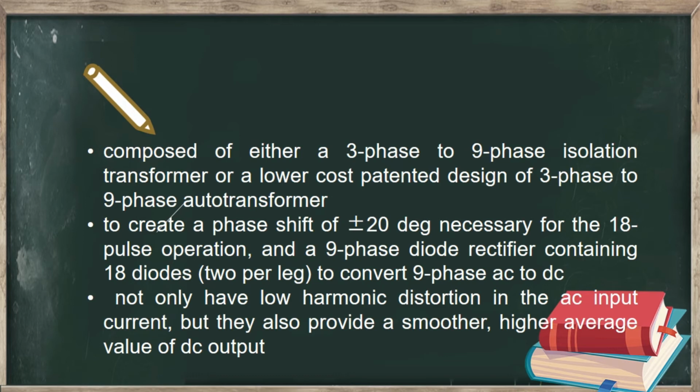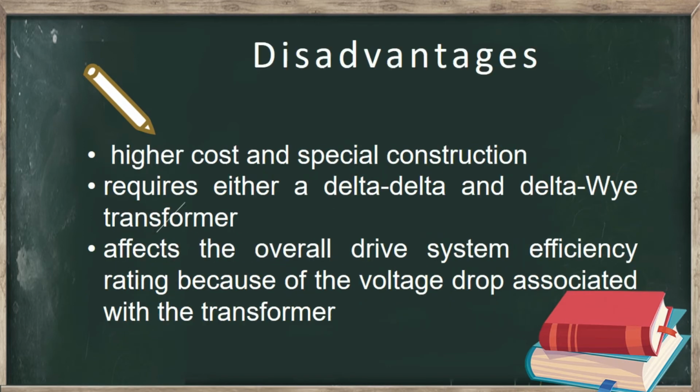It not only has a low harmonic distortion in the AC input current, but it also provides a smoother, higher average value of DC output. So we can say that 18-pulse is better than 12-pulse. The disadvantages are also higher cost and special construction. It requires either a delta-delta or delta-Y transformer. It also affects the overall drive system efficiency.